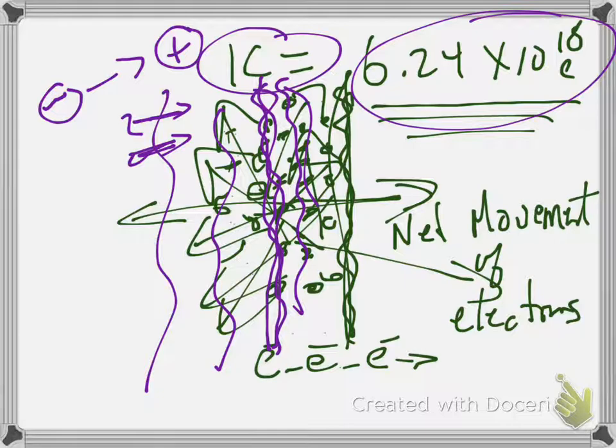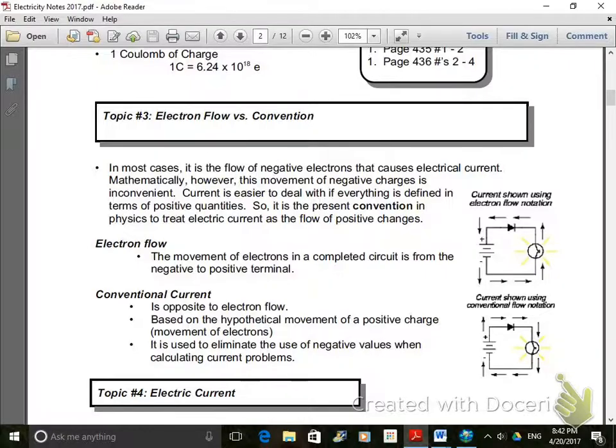Now, when we start looking at the textbook, you start reading through it, then they start talking about what's called conventional current. And conventional current is complete opposite to the flow of electrons. We use conventional current because, well, there's not really any good reason.